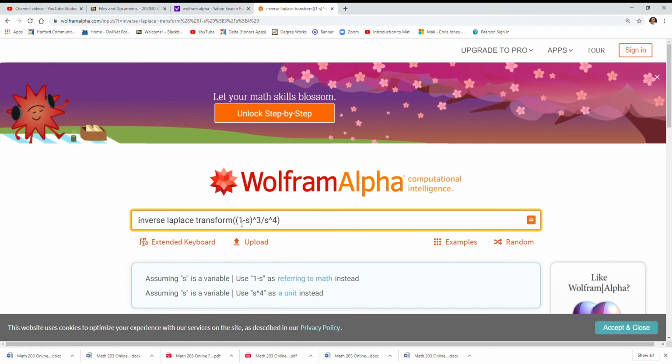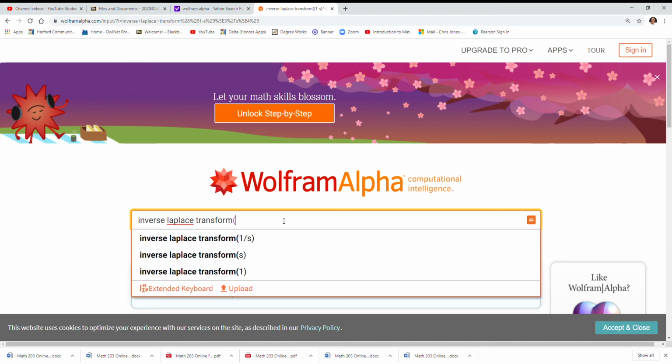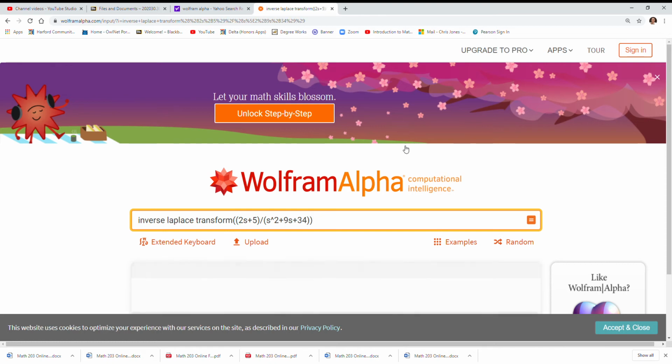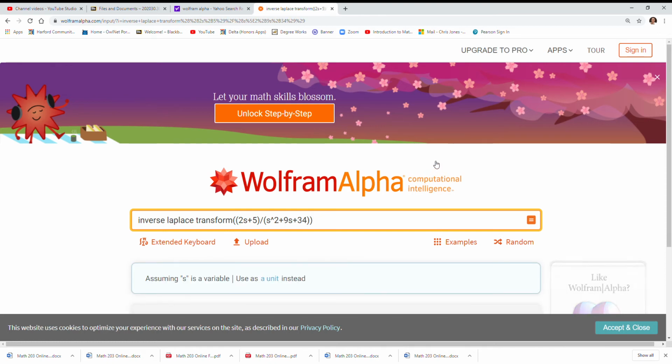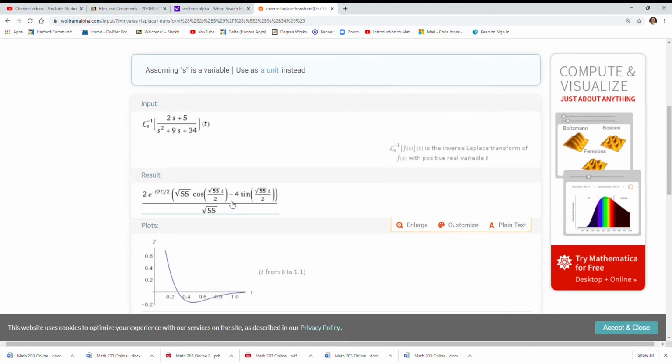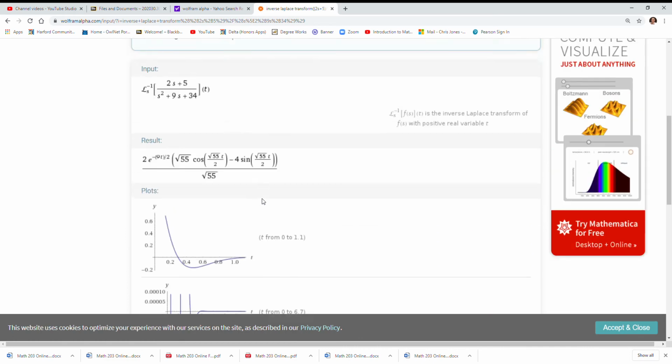In fact, just one more example of that. Remember, we just took a look at, in the last video, I believe we had something like 2s plus 5 divided by s squared plus 9s plus 34, and you might remember we had to complete the square, we had to break it up, and we got 3 terms out of that. And one of the answers it gives is this, which is not a nice form.